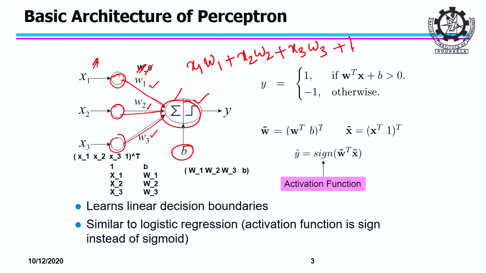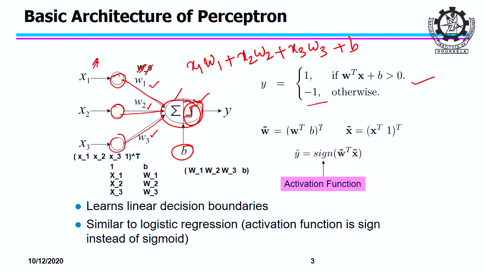Then the sign function applies: if this value is greater than 0, it will convert to 1, and if it is less than or equal to 0, it will convert to minus 1. So, that is the processing unit.